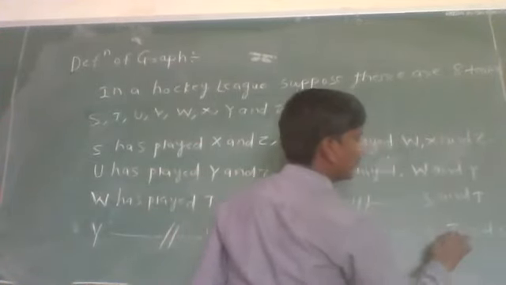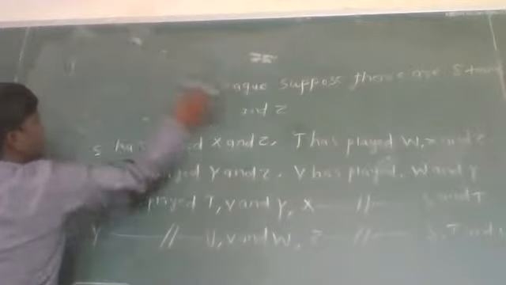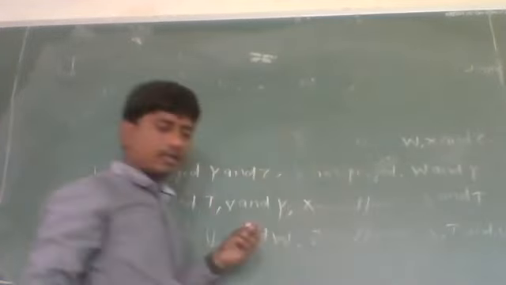Now suppose we have to illustrate all this situation in one diagram, then what to do? Let us take these teams as dots. For example, take these 8 teams as dots in a diagram.